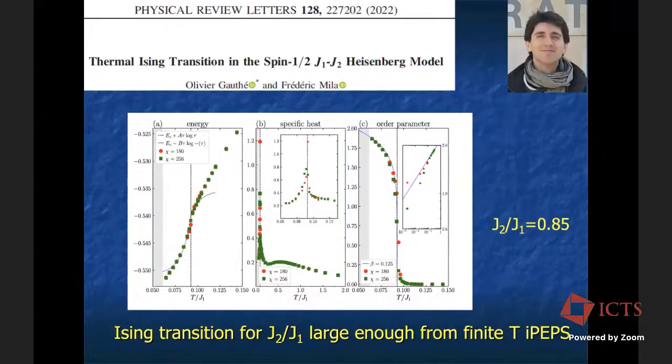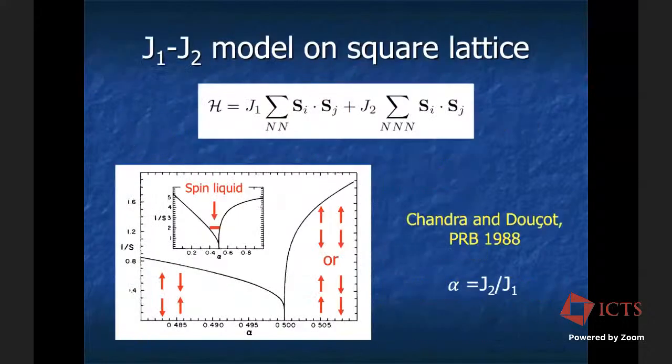Would you expect it to be smoothly connected to the spin liquid phase at zero temperature, or would you expect to see some transition? Because this zero temperature spin liquid phase is expected to be critical, with diverging correlation lengths. So would you expect that the high temperature phase, which has a finite correlation length, is smoothly connected to this phase if you vary J2 and temperature and try to connect the two?